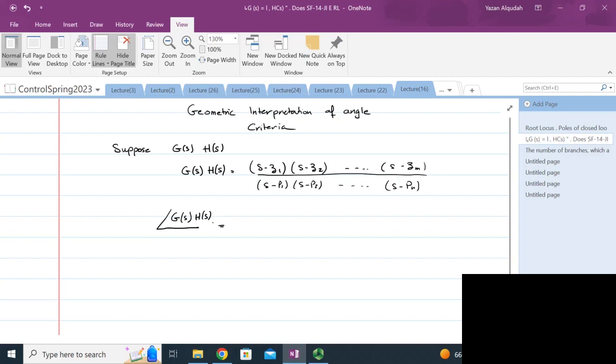So the angle of G(s)H(s) is going to equal the angle of s minus z1 plus the angle of s minus z2 all the way to the angle of s minus zm, and we're going to subtract from this the angle that comes from s minus p1, to s minus pn. Is that clear, everybody?